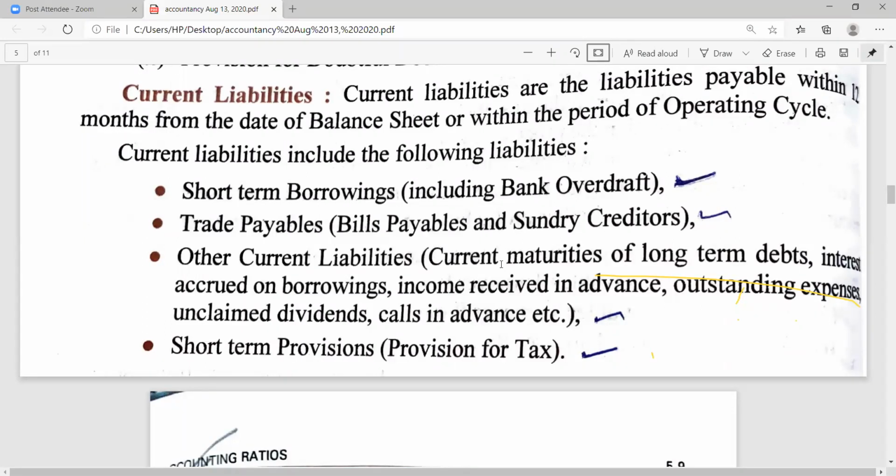In other words, we can say all those liabilities which are payable within 12 months from the date of the balance sheet, within the period of the operating cycle, are known as current liabilities.